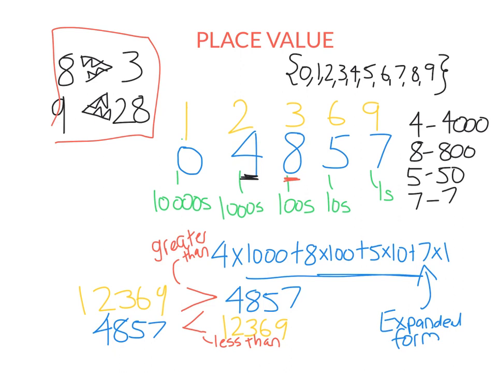So another symbol I could put instead of greater than is this symbol. If it has another line under it, it means or equal to. So this symbol here means greater than or equal to. This is a true statement. 12,369 is greater than or equal to 4,857 because it's greater than.